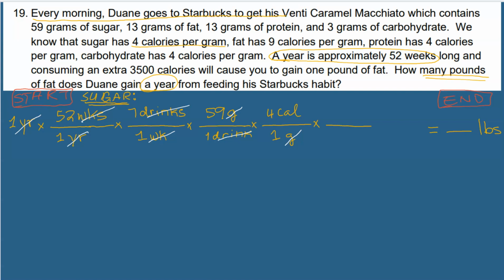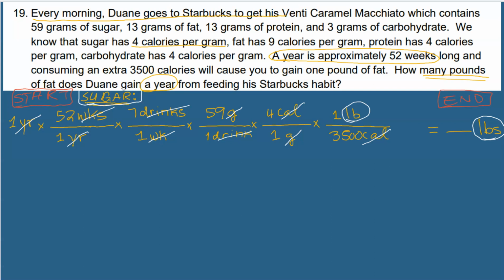So 3,500 calories will give you 1 pound of fat. So calorie cancels with calorie, and we end up with pounds, which is what we wanted. So for sugar, that's how it works.